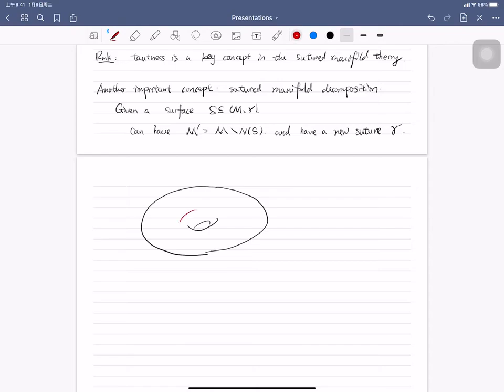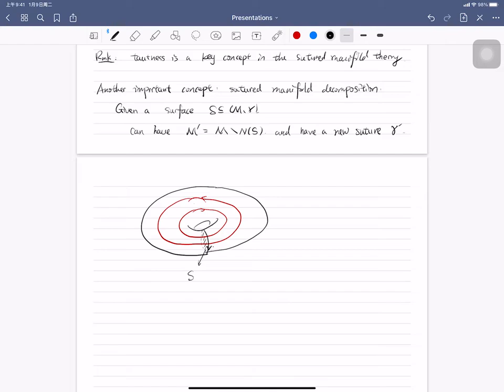So for example, this is our suture manifold. It's very easy to verify this is a balanced suture manifold, and it's actually also taut. And we have the surface S, here the meridian disk, and we specify an orientation of the boundary of S to specify an orientation of the surface.